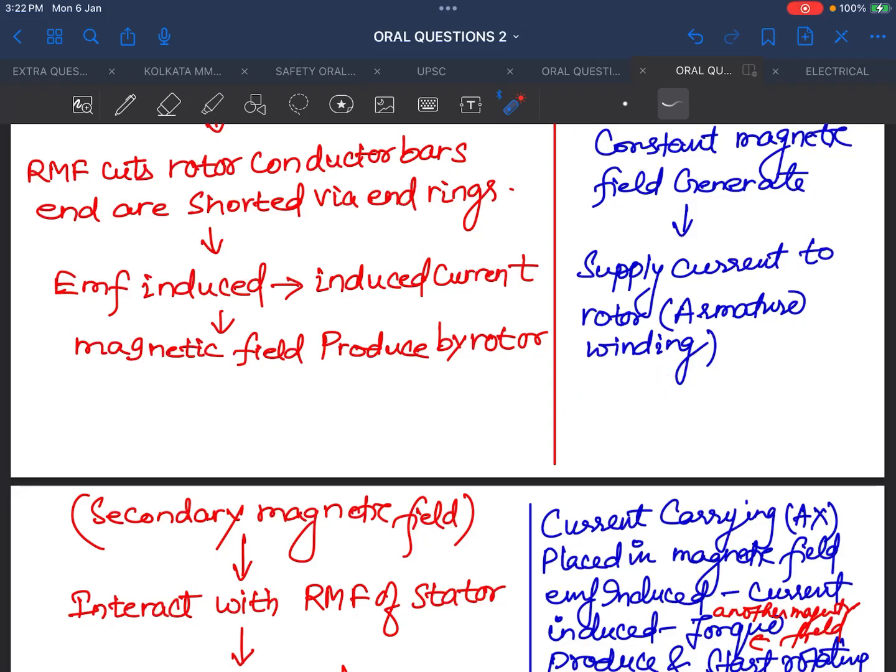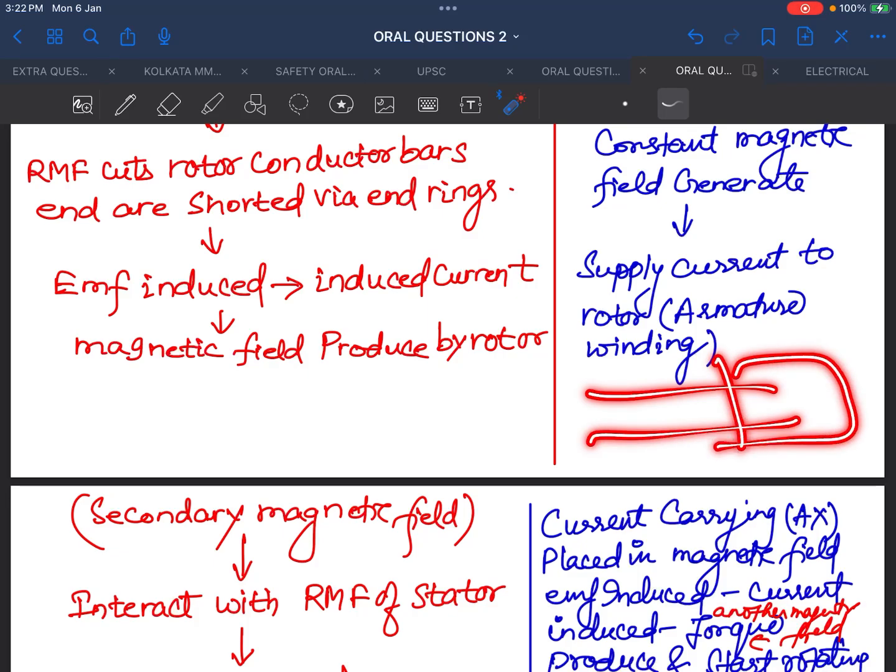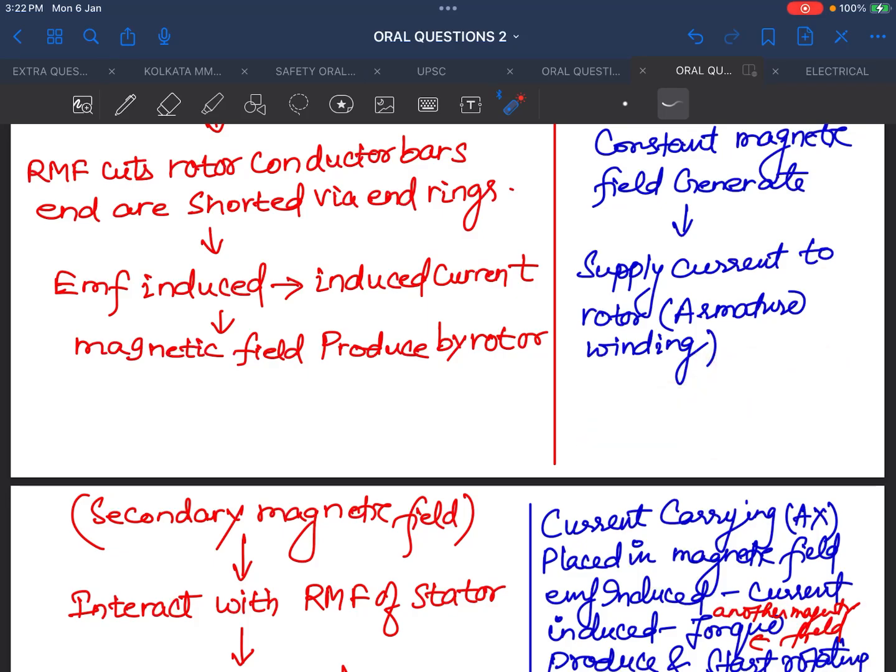Here we are giving supply to the stator field and external DC supply to the armature winding, and when it starts rotating, a rotating magnetic field is created at the armature side.